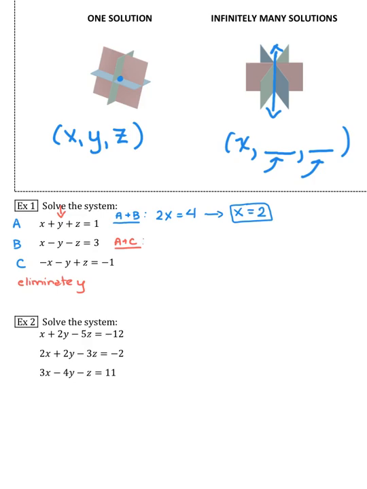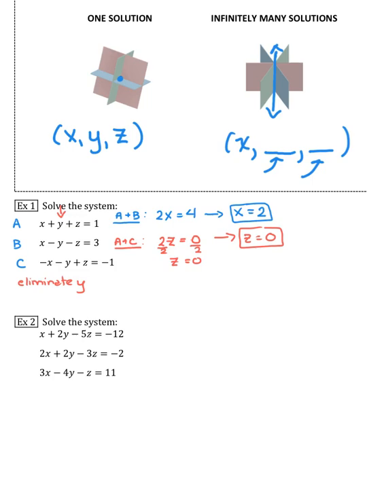So when I do that, x plus a negative x, that goes away. Y plus a negative y, that goes away. But I do end up with 2 times z equals 1 times a negative 1, which is 0. Dividing by 2 would still leave me with z equals 0. So I have 2 of my solutions.